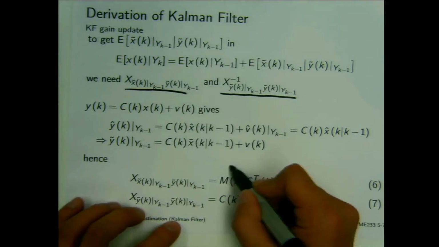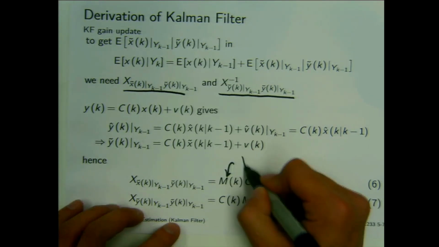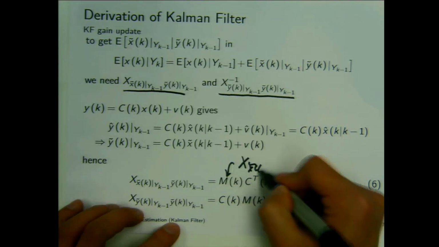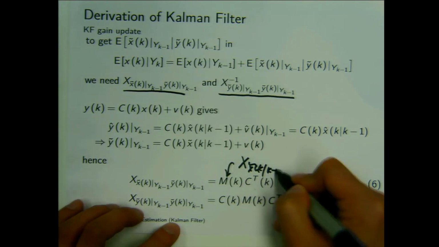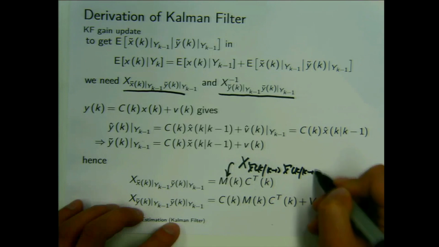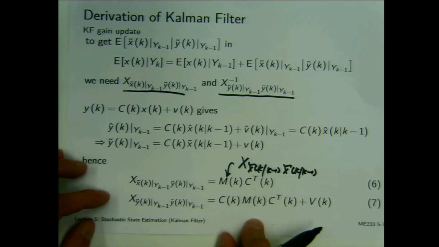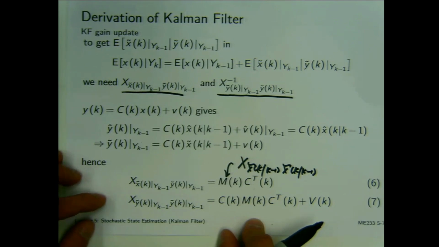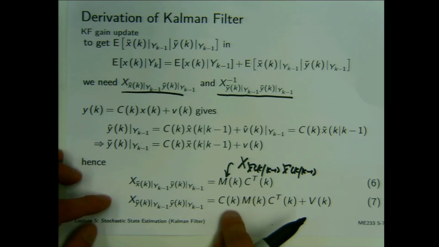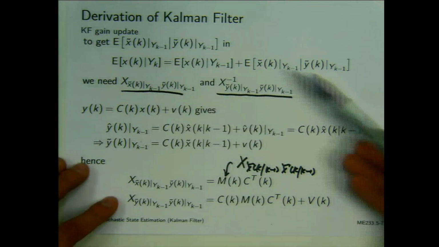Recall this definition: this is x tilde k minus 1, x tilde k minus 1. That's exactly what we derived a moment ago. With this, we'll be able to write this without problem.